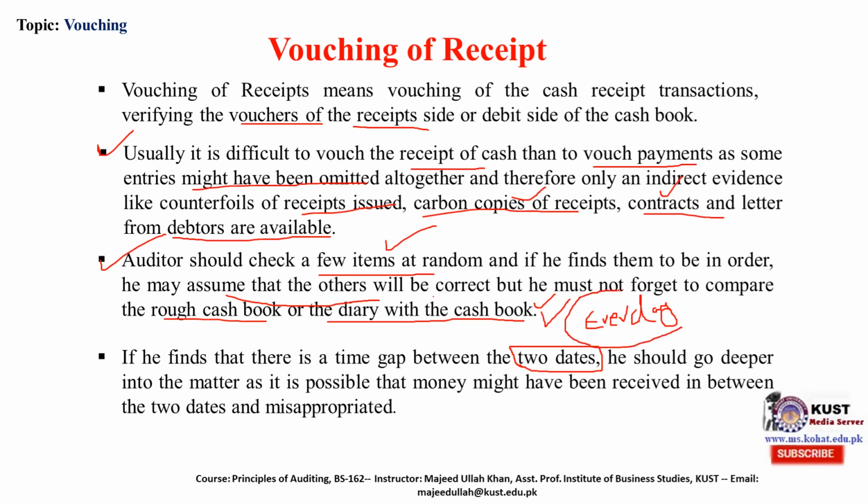It might be a national holiday like Muharram, or maybe a weekend with an adjacent national holiday. So he should go deeper into the matter. Is it possible that the money might have been received in between the two dates and misappropriated? He should examine for this misappropriation if there is any unusual gap in the receipts.